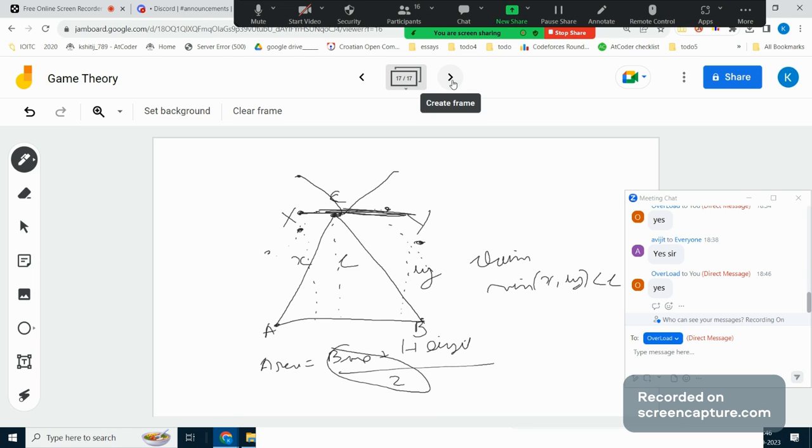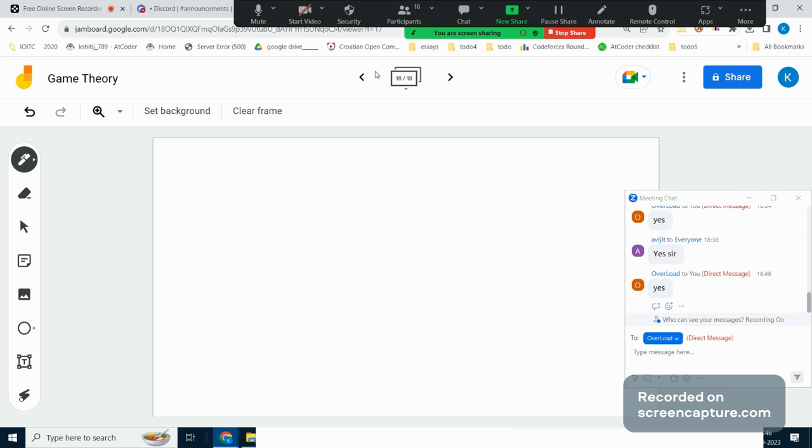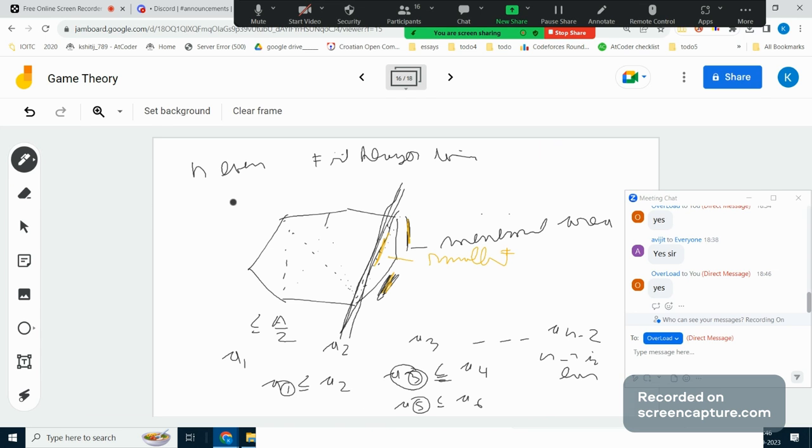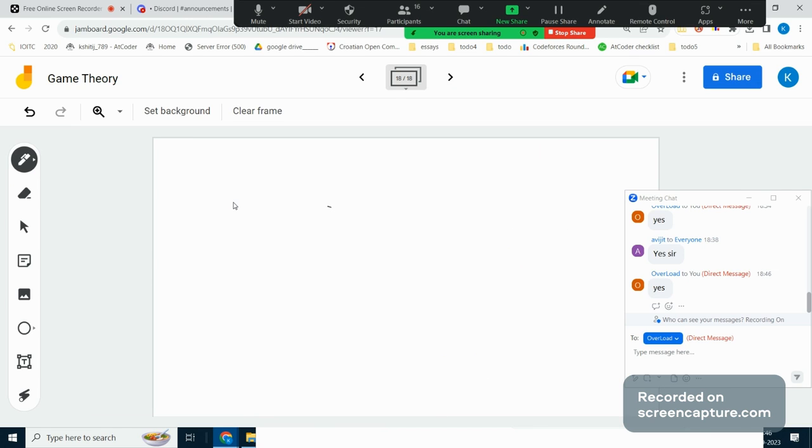And now if n is odd, we can use a very similar argument. If n is odd, the second player always has a winning strategy. So assume that the first player does any random move. Say it deletes... wait, I'll just draw a new diagram. Let's say it's a pentagon, and the first player just deletes any random triangle.